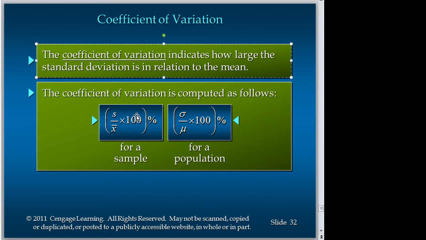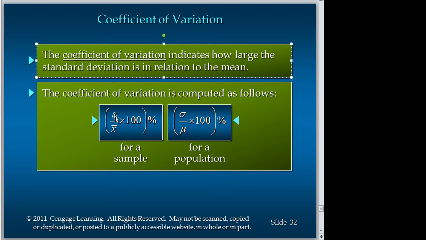Look at this formula, right? This is for sample, this is for population. You know, they use the sample symbol everywhere. This is S being sample standard deviation, X bar being sample mean, and sigma for standard deviation for population, mu for population mean.